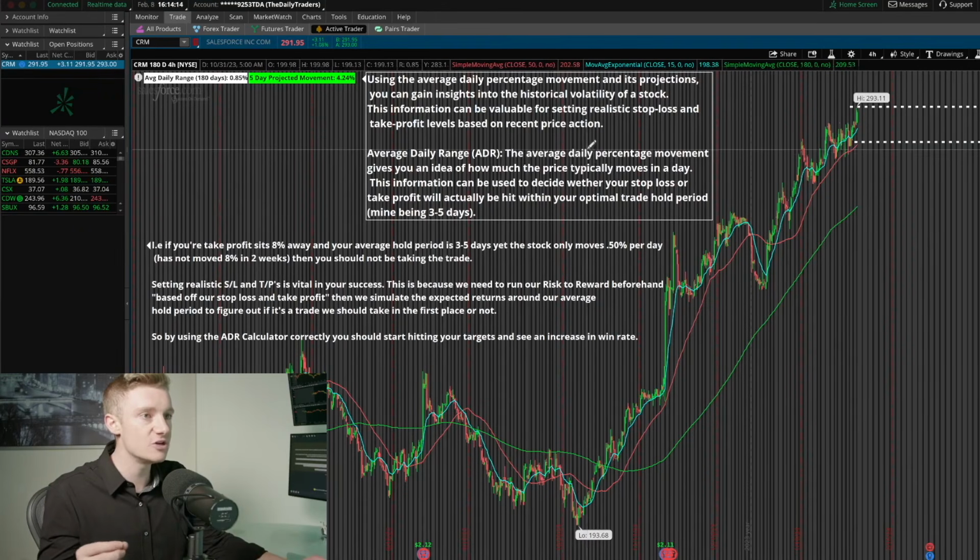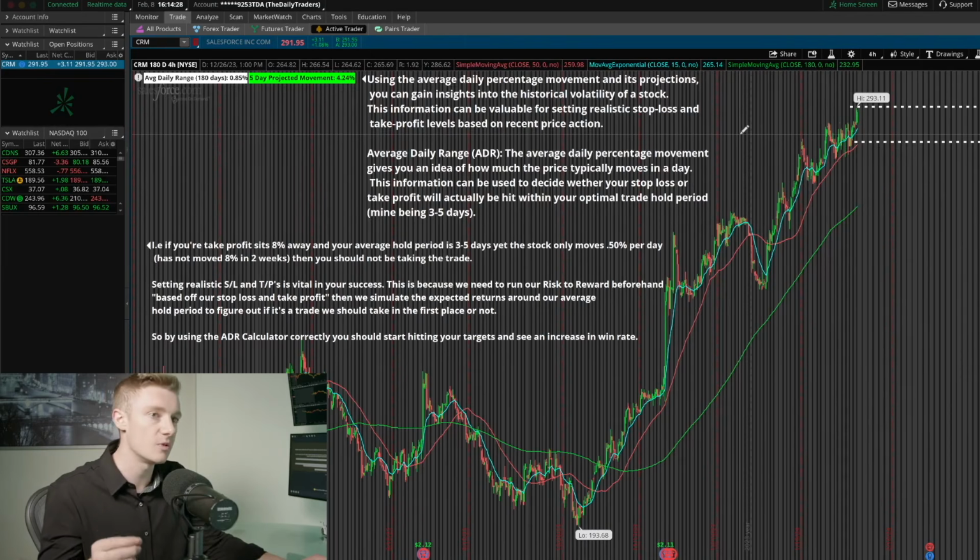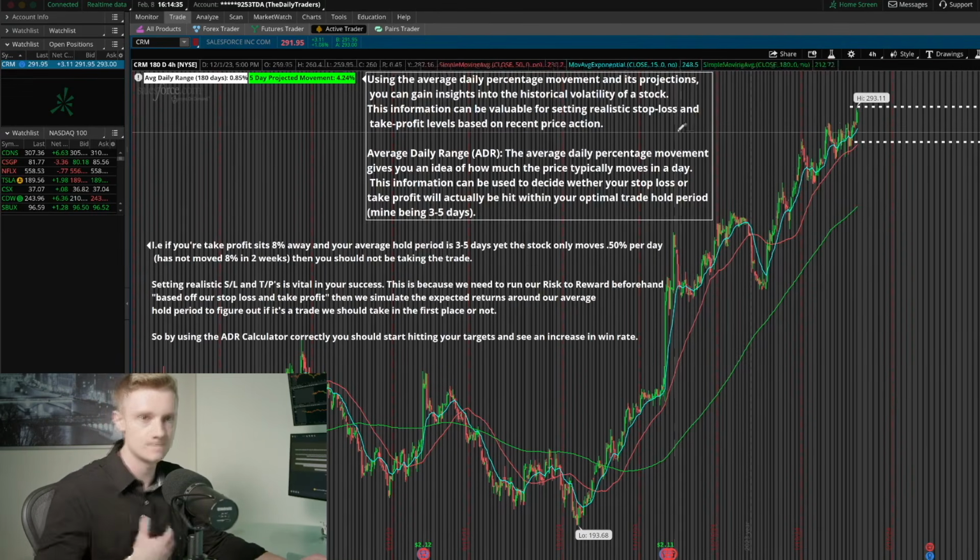It is the average daily percentage movement, which will give you an idea of how much the price typically moves in a day of that specific stock you're looking at over the last 180 days on the 4-hour time frame. Okay, this information can be used to decide whether your stop loss or take profit will actually be hit within your optimal trade hold period, okay, mine being 3 to 5 days.